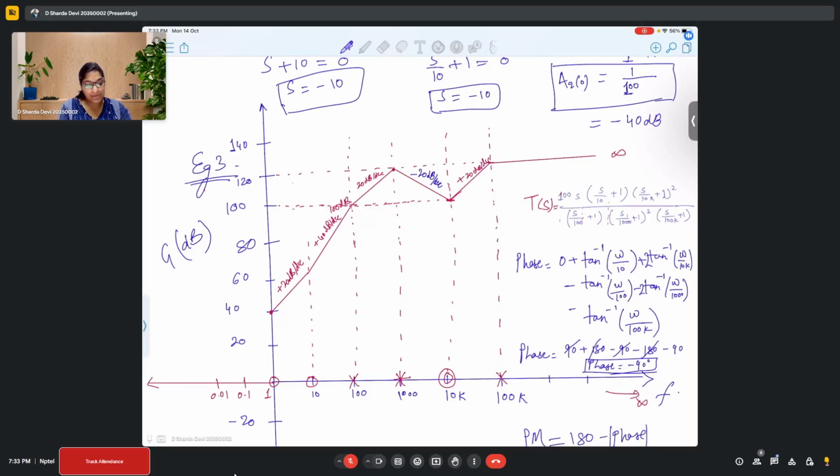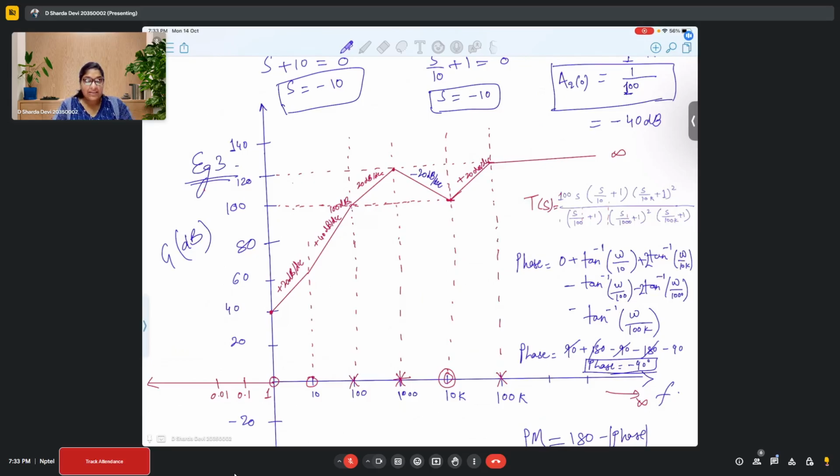That is the scenario, right? Yes. If one pole is not present, then your phase margin changes. So that 100k would go away, and that would be zero. With that zero, you are getting a phase margin of 180 degrees.